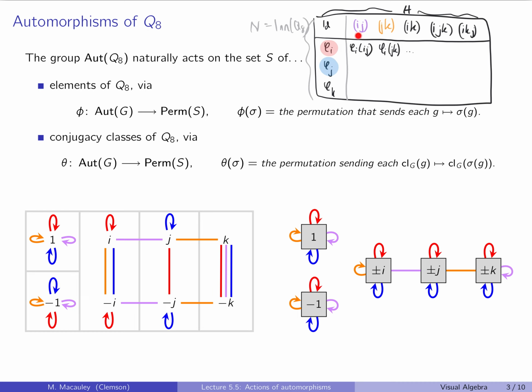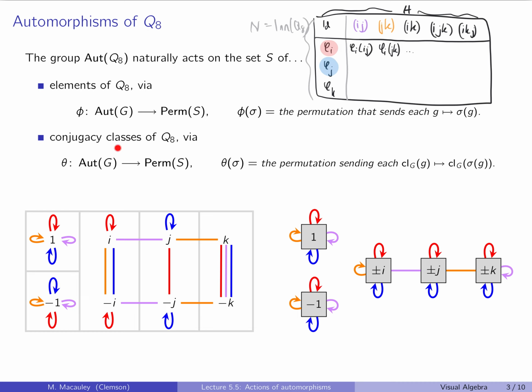And when you swap I and J, you follow the purple arrows. And swapping I and J is going to force K to go to negative K. I'll let you work that out on your own. And so forth. So this is the action graph of this acting on Q8.